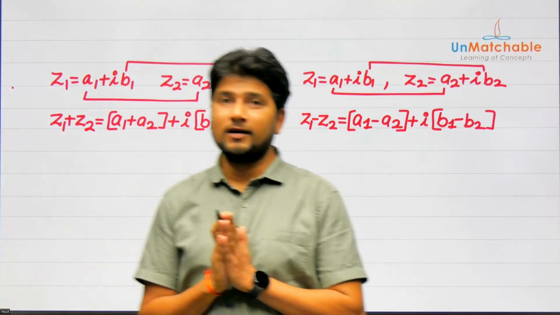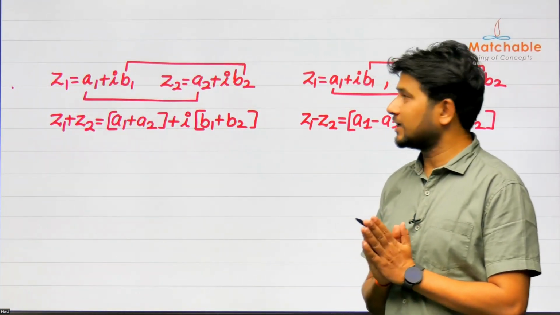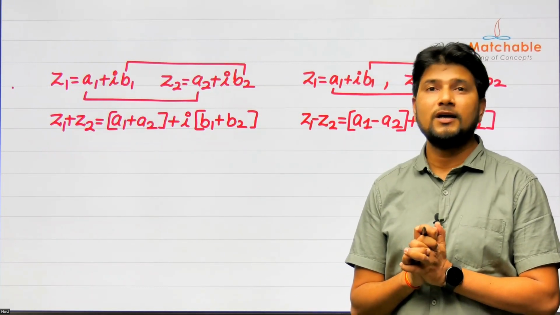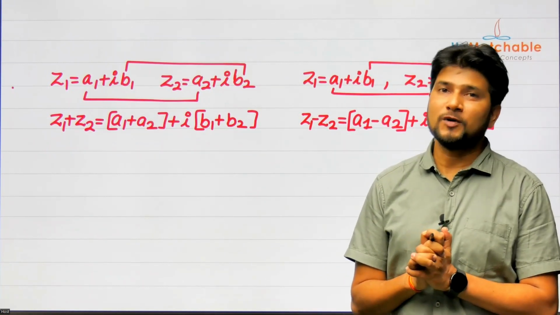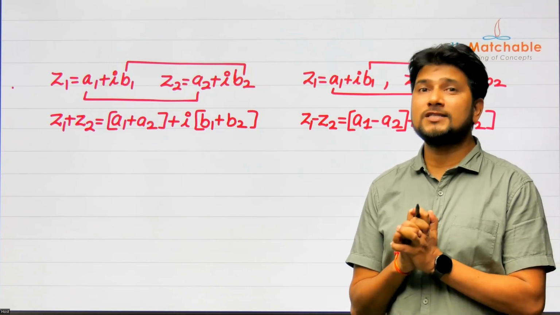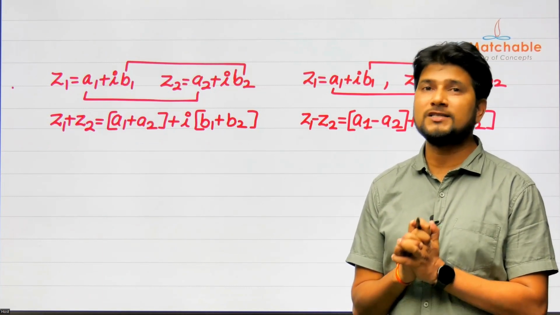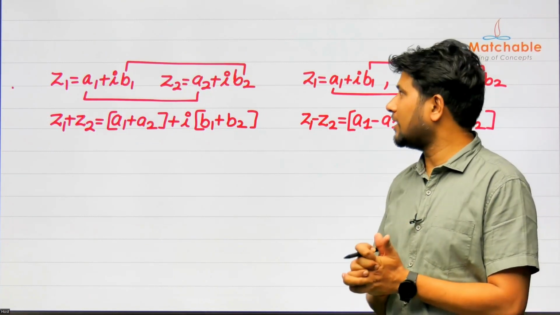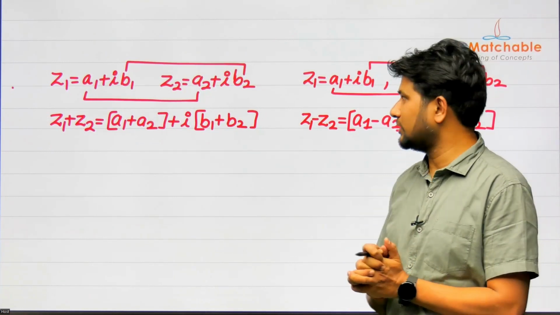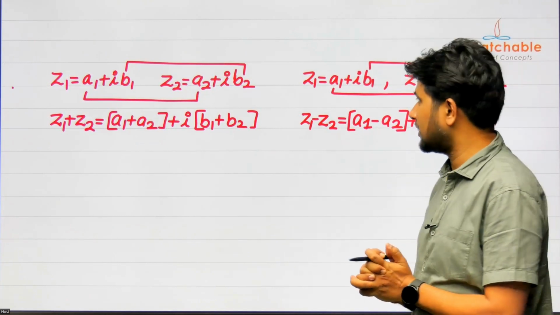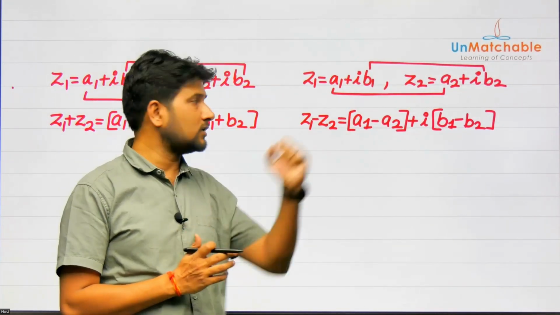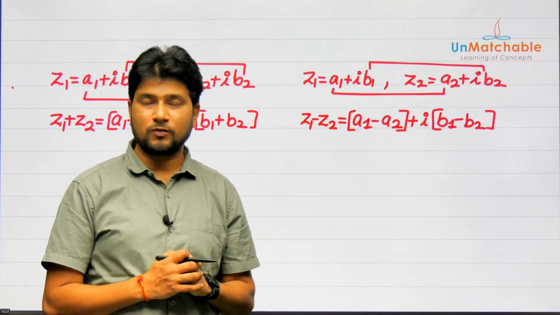Whenever you are doing the addition or subtraction of complex numbers, it will always become convenient if you write them in simple form like a plus ib or c plus id, and then real part will be added together, imaginary part will be added together, or real part will be subtracted, imaginary part will be subtracted.